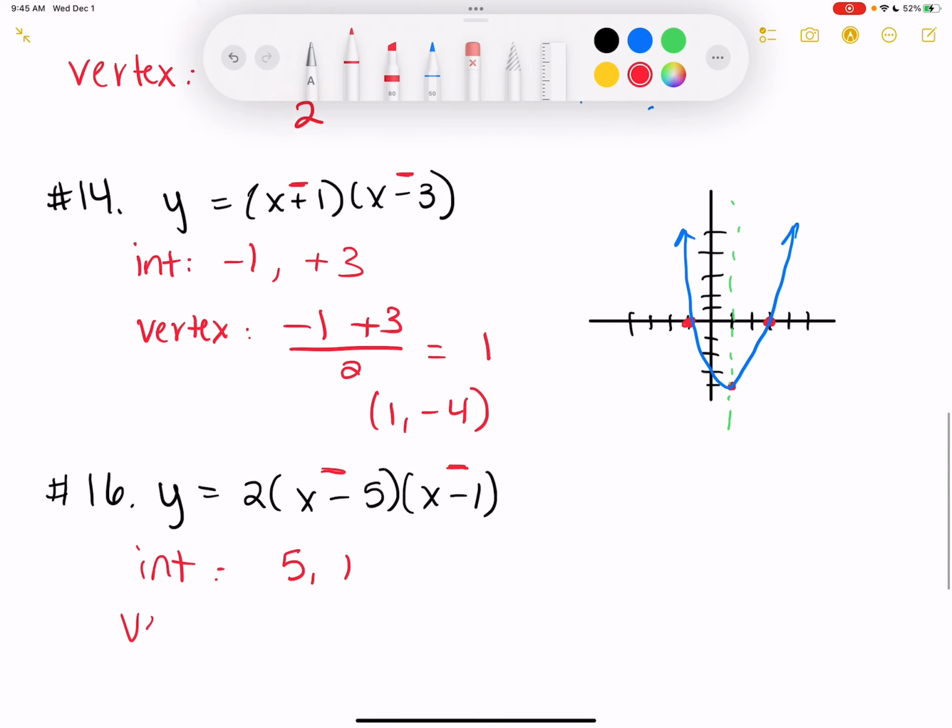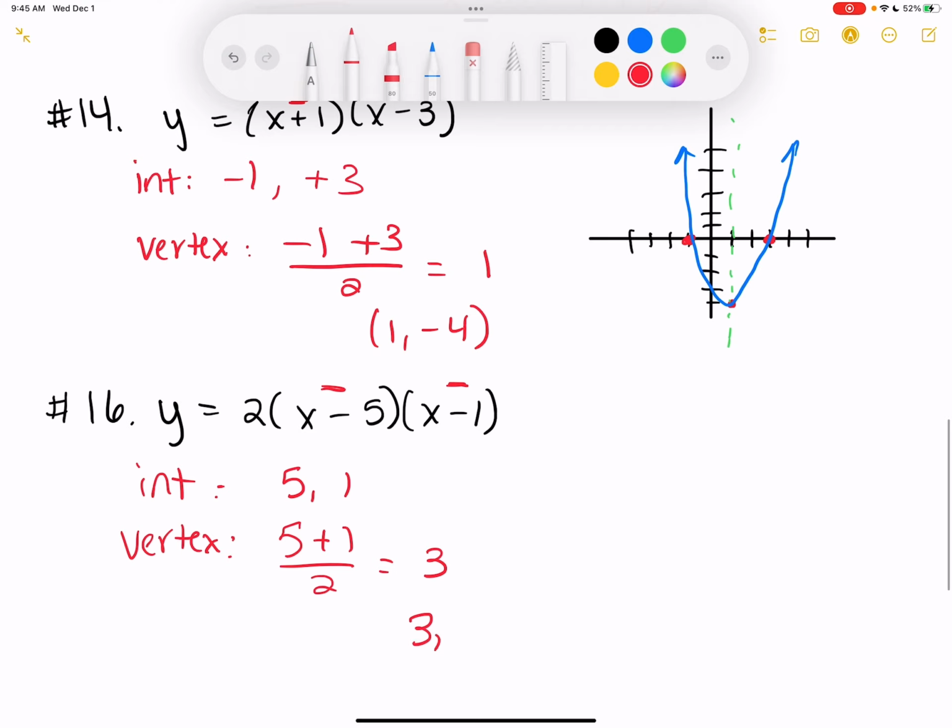My vertex: 5 plus 1 over 2, so that's at 3. Plug in 3 up here. 3 minus 5 is negative 2, and 3 minus 1 is 2. So negative 2 times 2 is negative 4, times 2 is negative 8. So my vertex is at 3, negative 8.